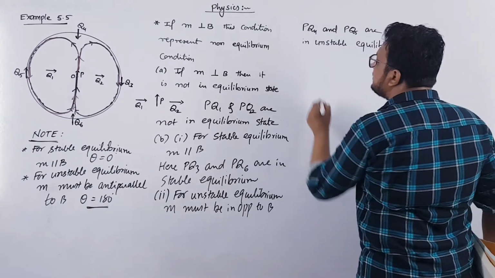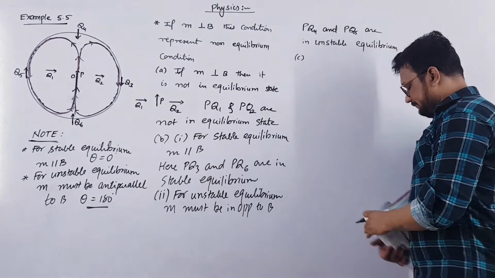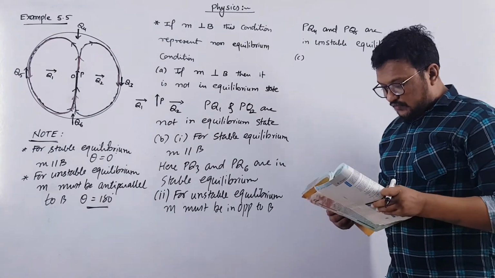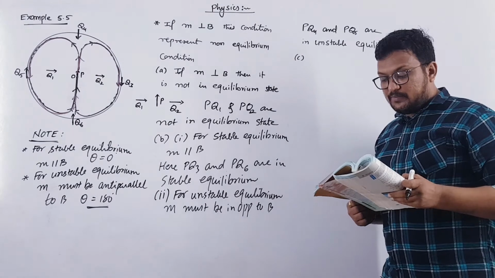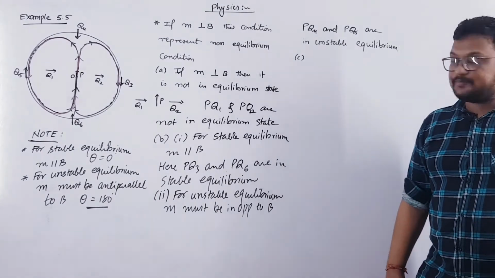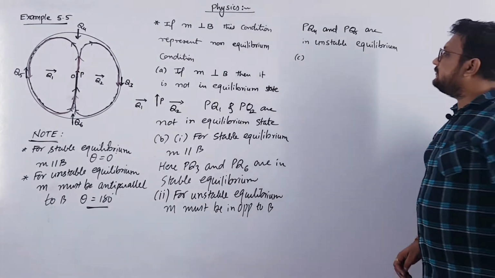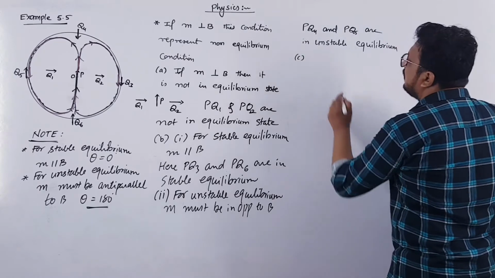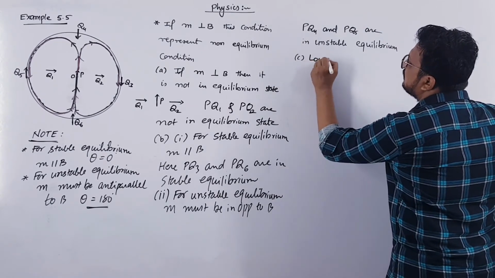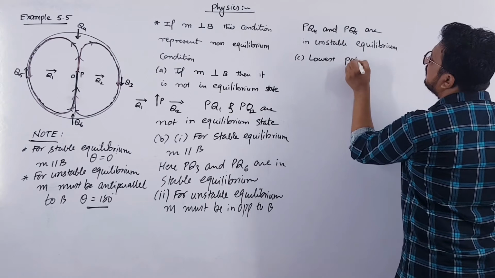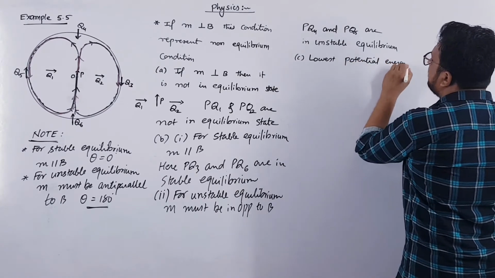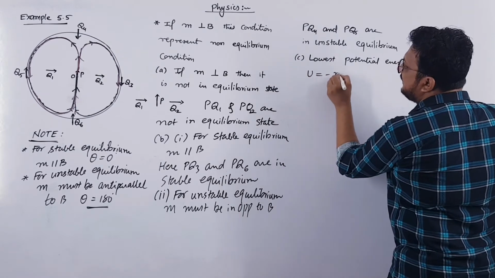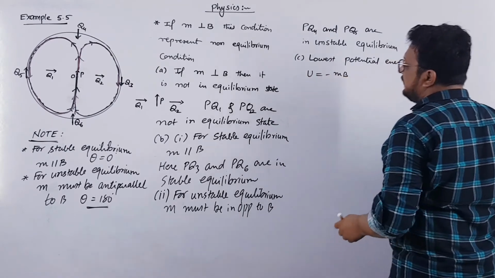Are in unstable equilibrium. The third one. Now in the third case, we have to find which configuration corresponds to the lowest potential energy among all the configurations shown. Right. So here, the lowest potential energy is U equal to minus MB, right?